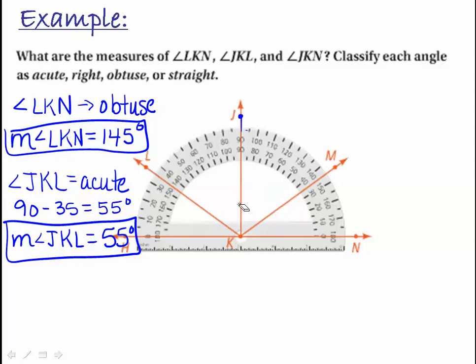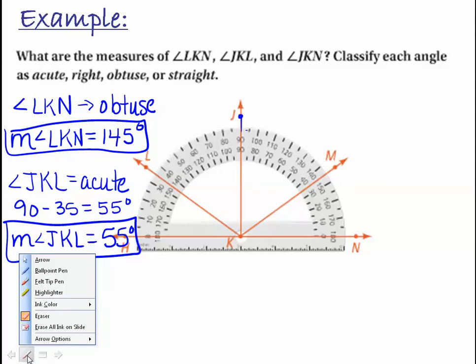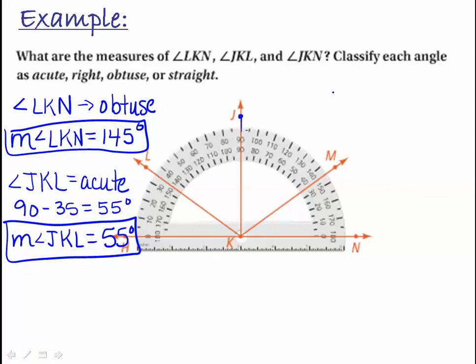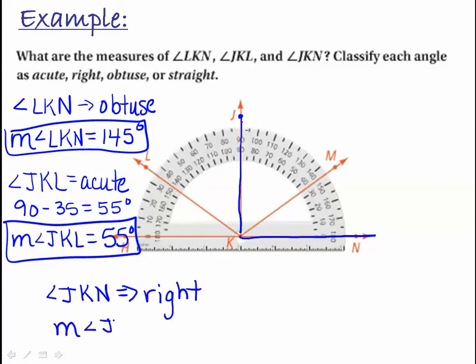Okay, now let's look at our last angle together. Our last angle says we're looking at angle JKN. So JKN, we can tell by drawing this that that is a right angle. So angle JKN is a right angle, which means we know that the measure of angle JKN should be 90 degrees.